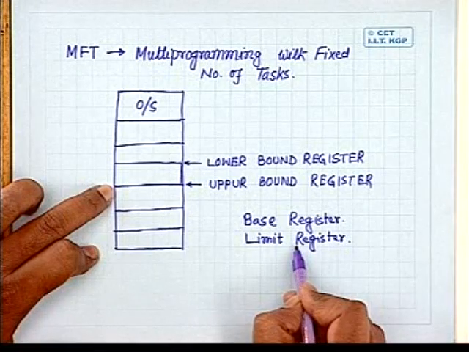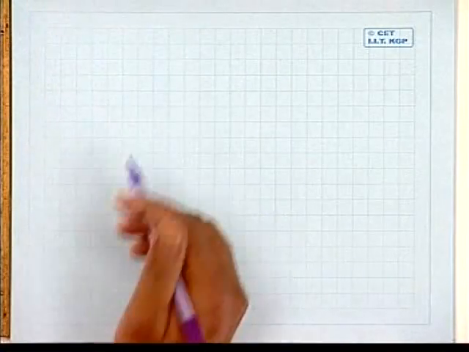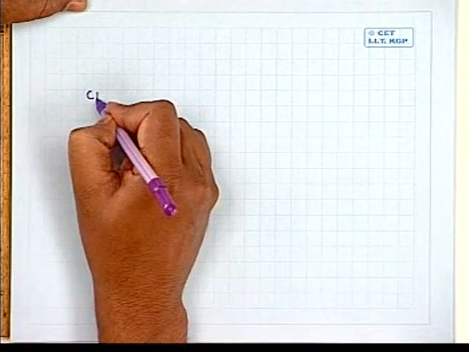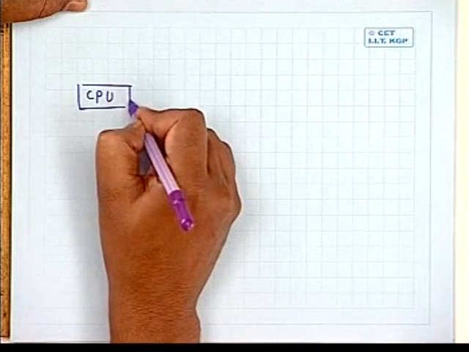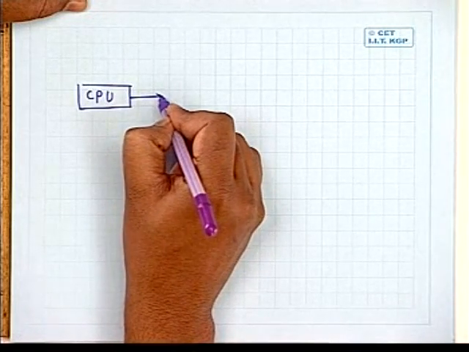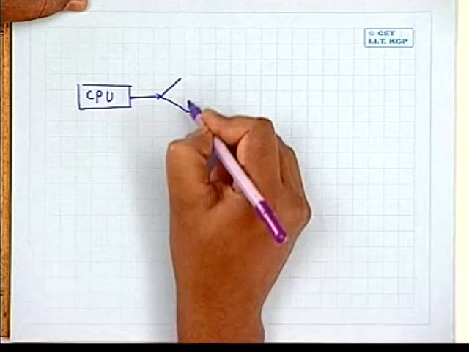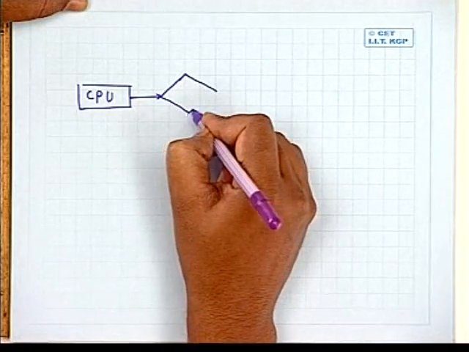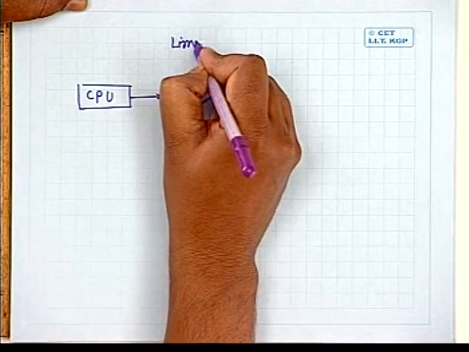Okay. So now this comparison can be converted in this form: whenever the CPU generates an address, you compare this address with the limit register content. The address has to be less than or equal to the limit register.